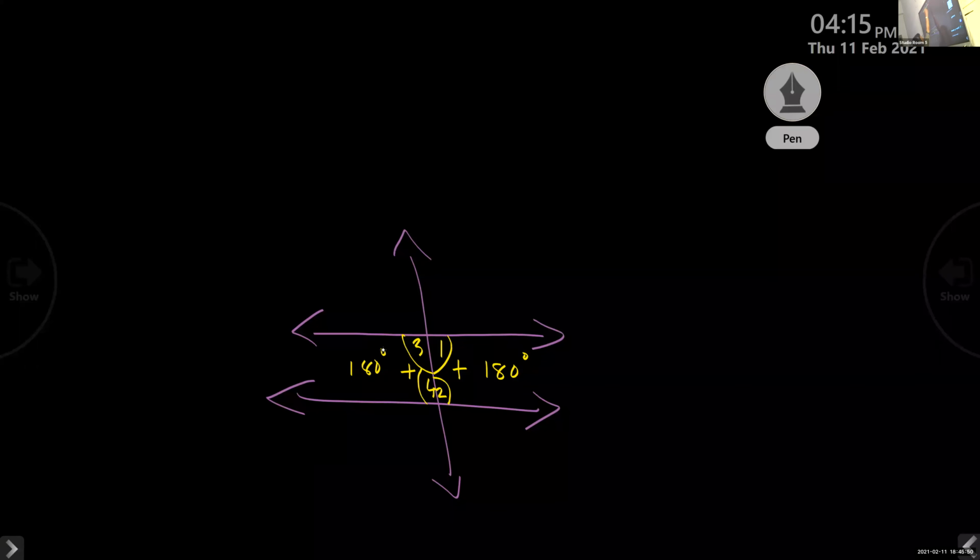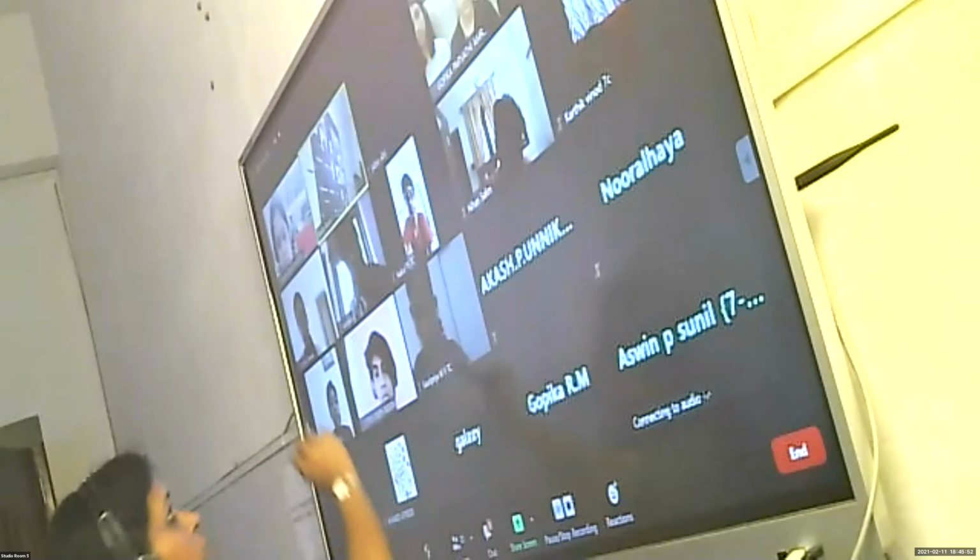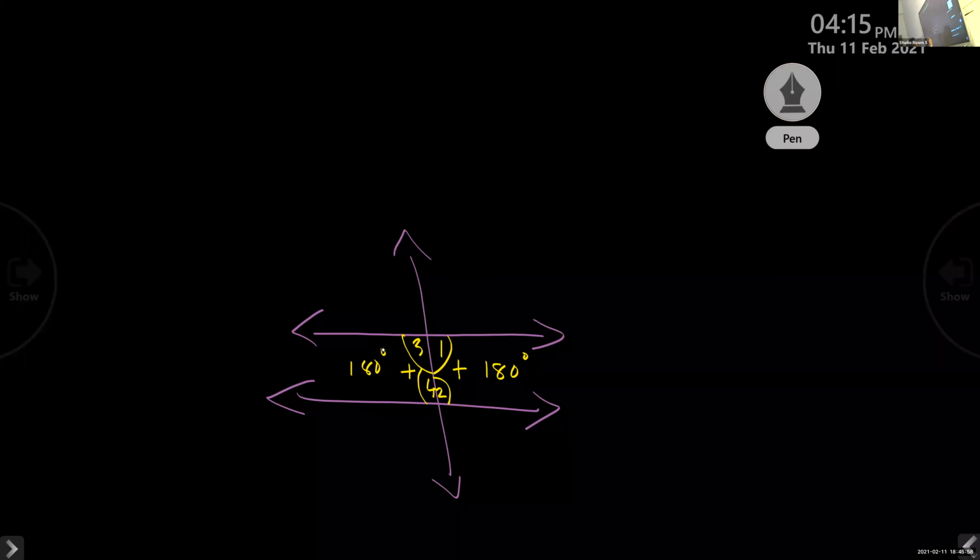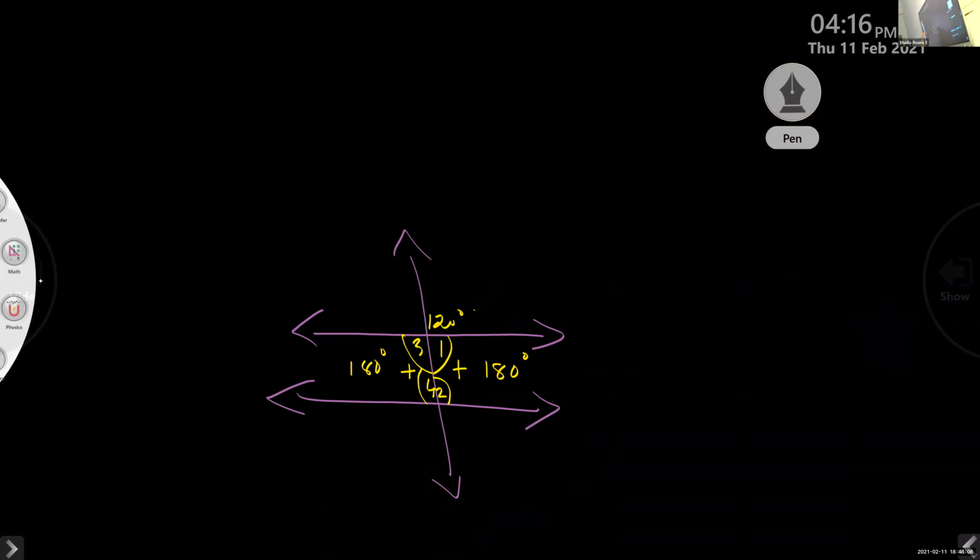Now one problem is there. One more thing I have to discuss with you. If you know one angle, it is easy to find the other angles. Wait, I'll take another figure.